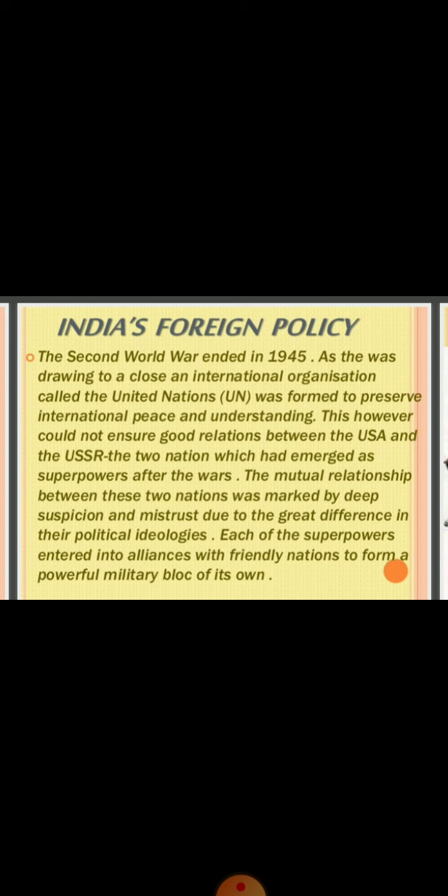Each of the superpowers entered into alliances with friendly nations to form a powerful military bloc of its own. Or in other words, you can say that the entire world was divided into two military blocs, where one is headed by the USA and the other group is headed by the USSR.